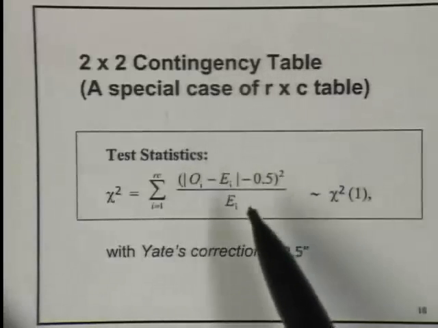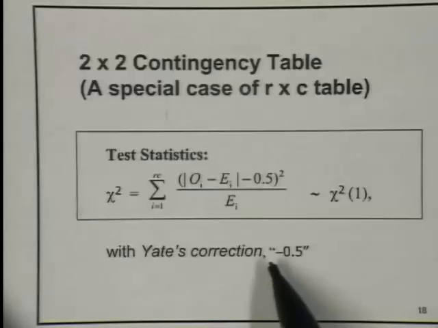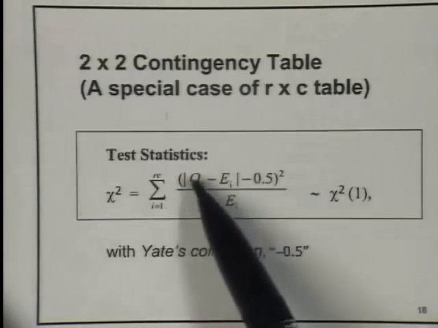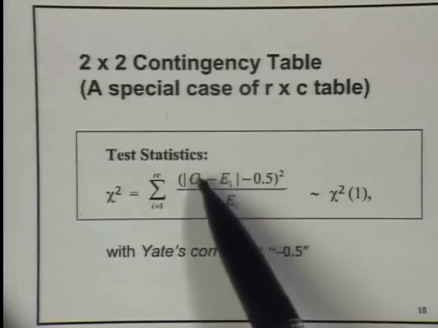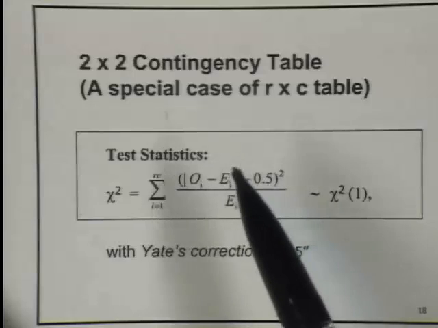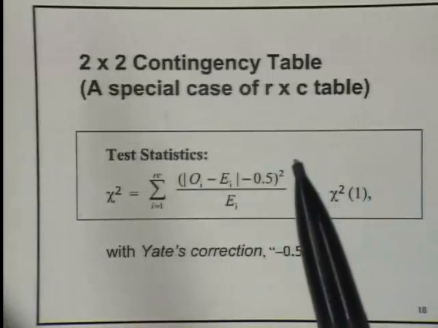And here is another version of it. It's called the Yates correction test. What it does is correct the difference of observed and expected by 0.5. This is a correction for continuity. If you remember, you probably studied the normal approximation to the binomial in one of the sections.